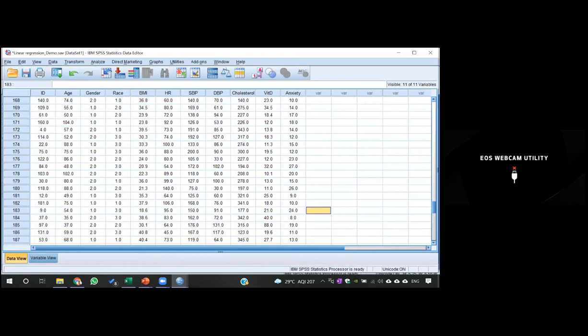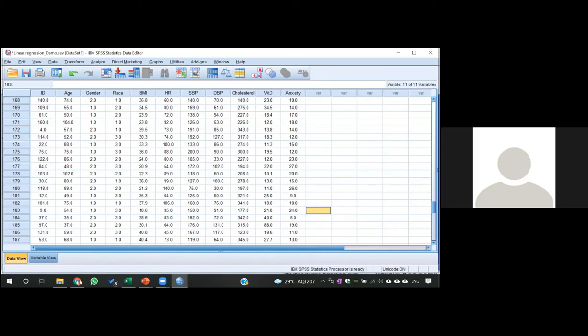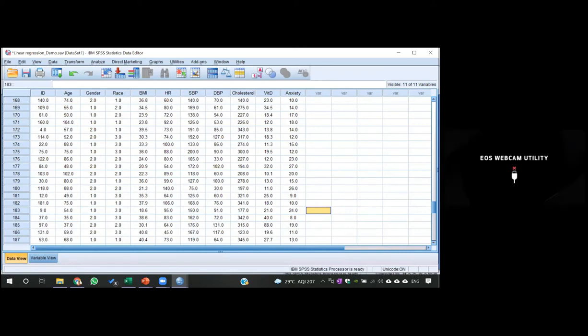Whatever you want to delete or not delete, do it on a separate file which you save, because you might need that actual data set for some other analysis. Outliers keep changing with the type of analysis. Maybe this 186 will not come up with some other test, right? If you are doing one-way ANOVA or some other test, then maybe this will not come.